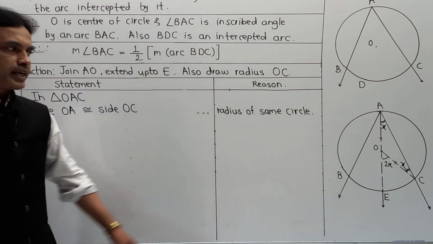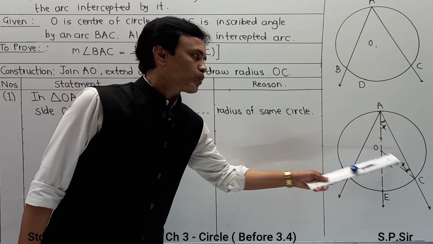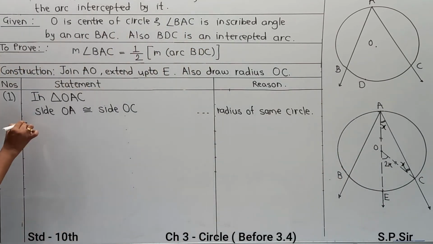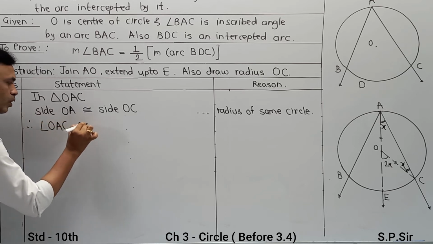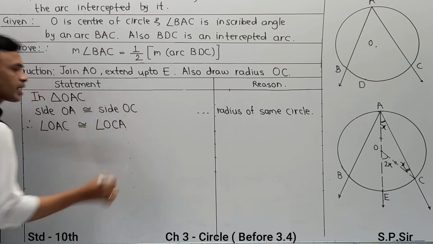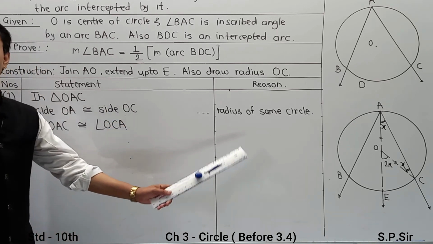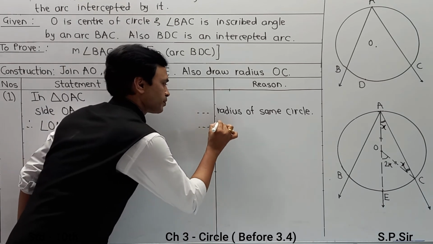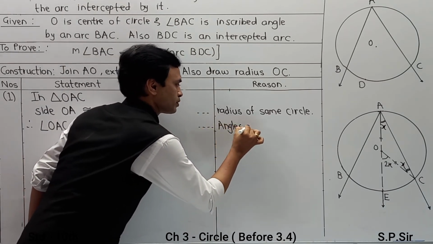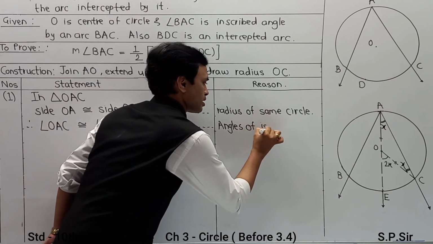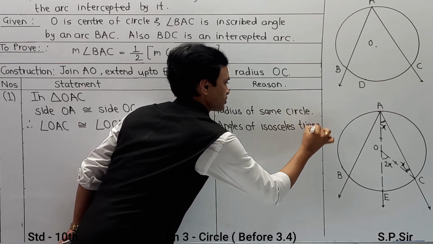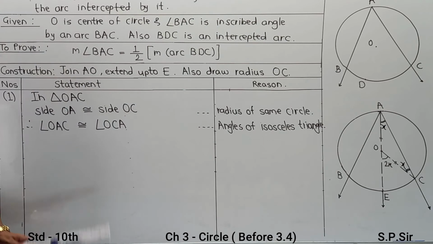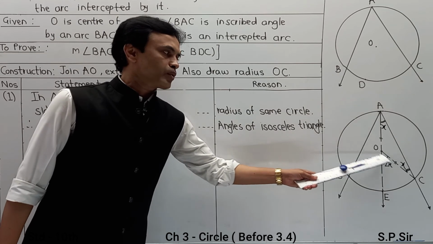Naturally, from this we can write angle OAC equal to angle OCA. Therefore, angle OAC is congruent to angle OCA, and the reason becomes angles of isosceles triangle. Now we are going to assume it as x, means angle OAC equal to angle OCA.